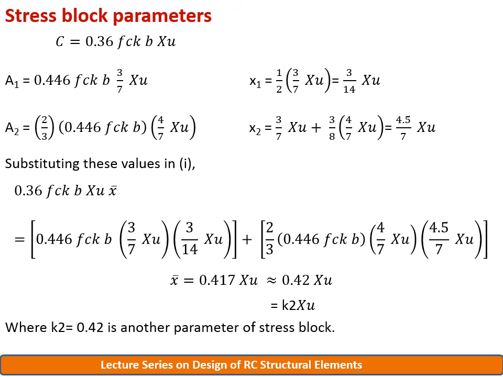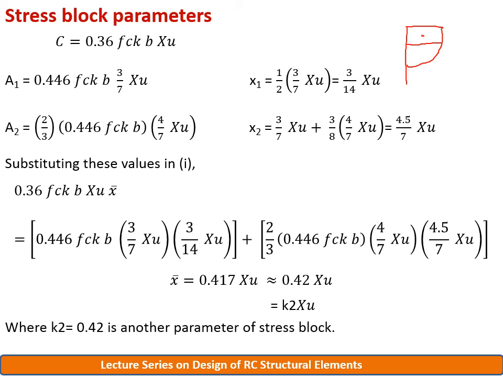Now x1 is the distance of the centroid of the rectangular portion from the topmost compressive fiber. For the rectangular portion, the centroid always lies at the midspan. So from this to this, the distance is half of 3/7 of XU, that is 3/14 XU.